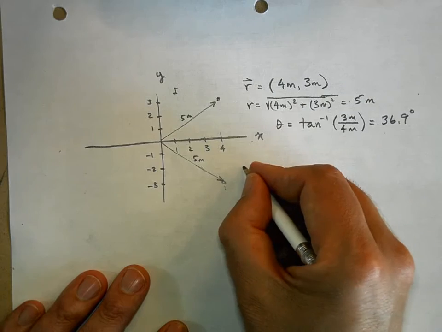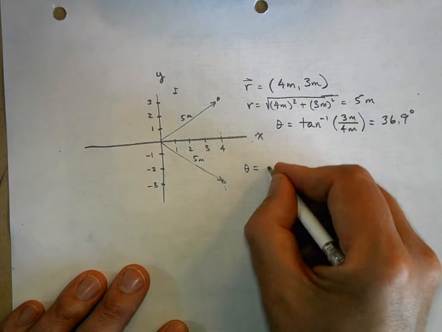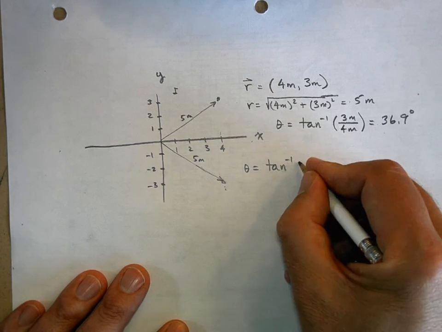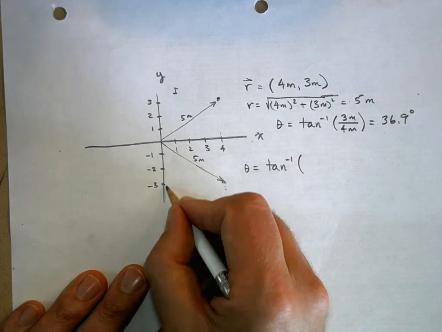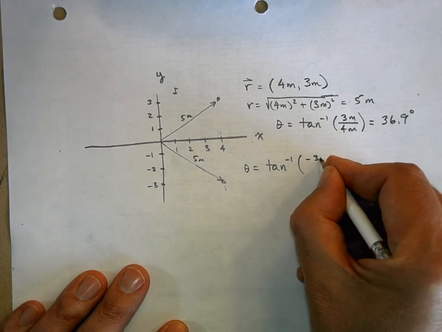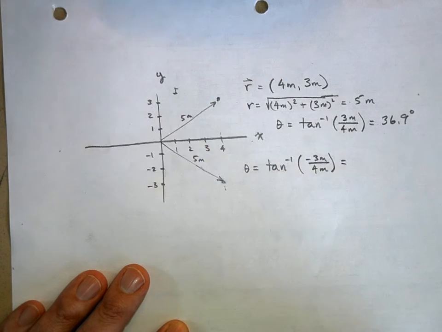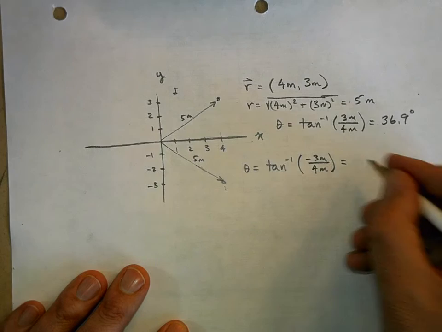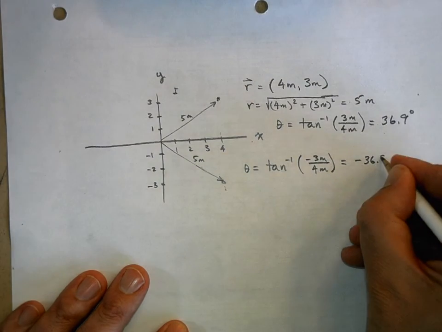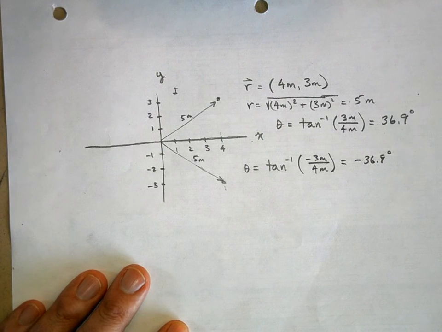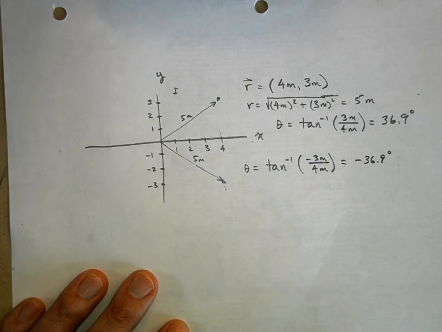But now let's use inverse tangent. If you say, okay, well, y is -3 meters, and x is positive 4 meters, and you plug that into your calculator, you're going to get -36.9 degrees. Now that makes sense, doesn't it?